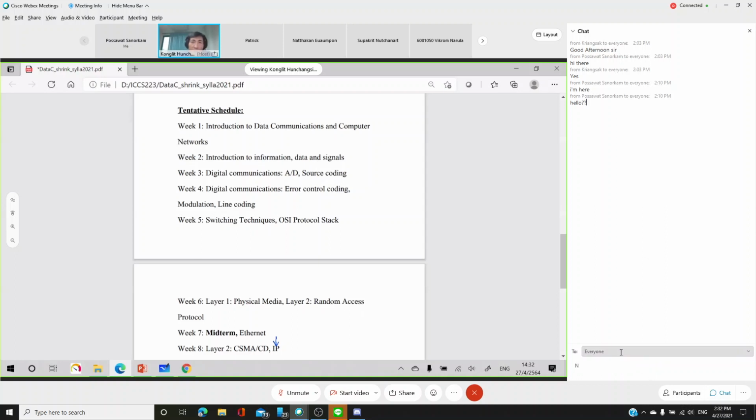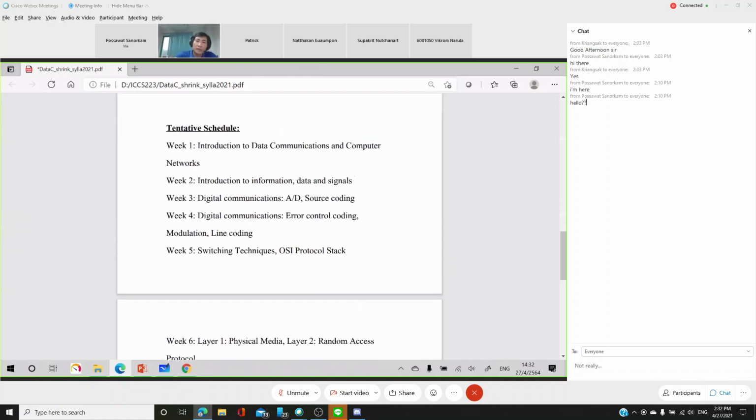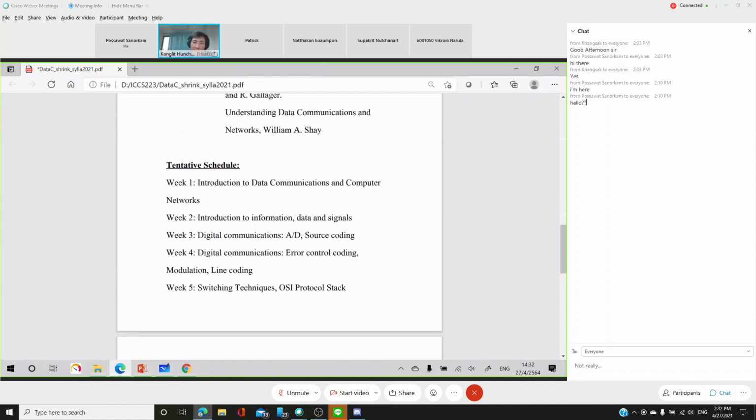I would like to tell you that there are going to be many technical terms in computer network, a lot. And on the exam, I'll tell you the first question of the exam, the midterm and the final.